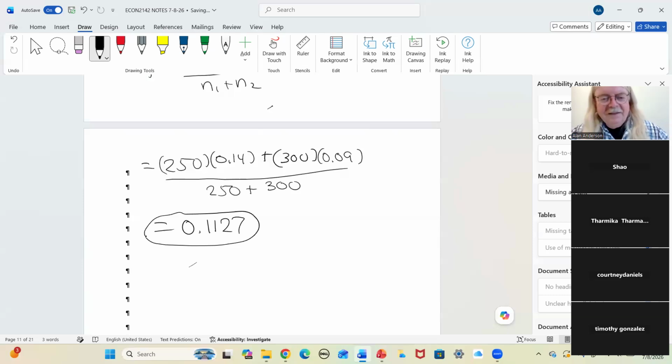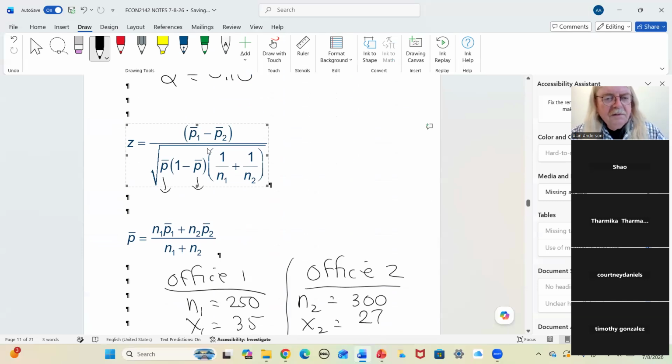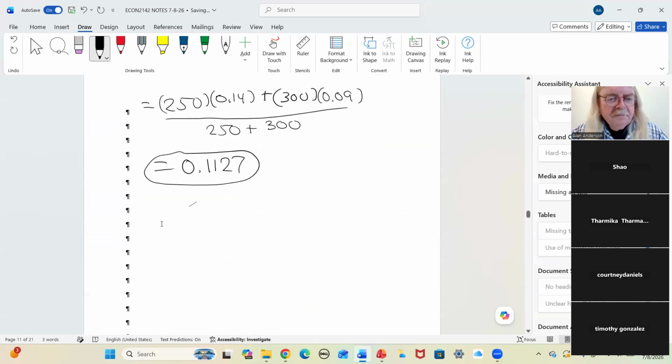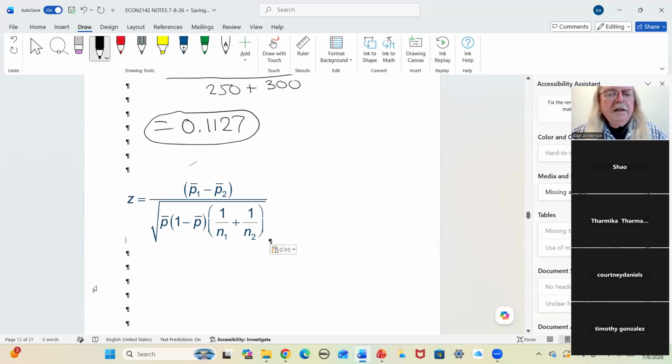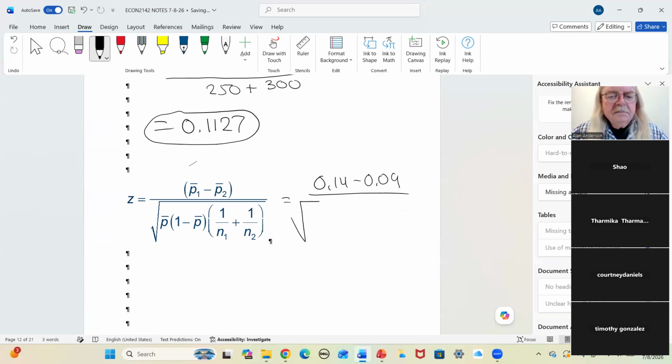That's close enough. Okay. Now, with that in place, we can do this nightmare. And the two are 0.14, 0.09. So one minus that is 0.8873.